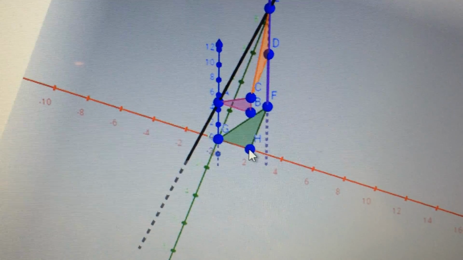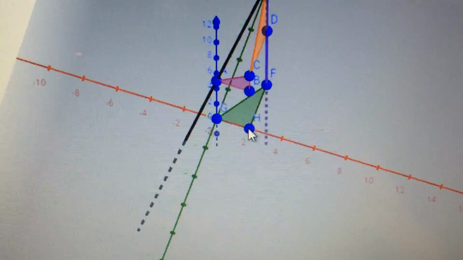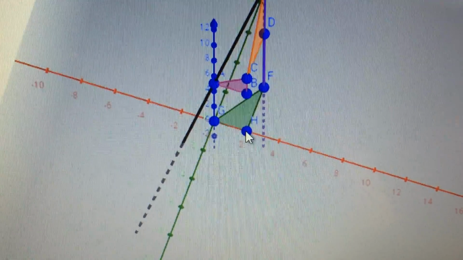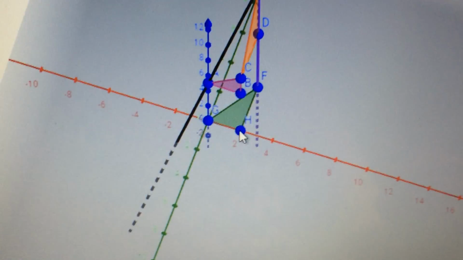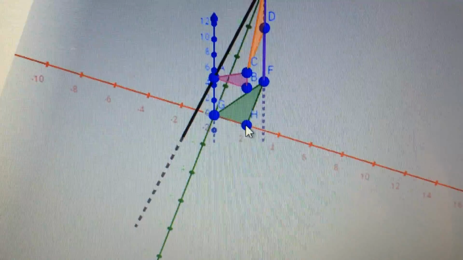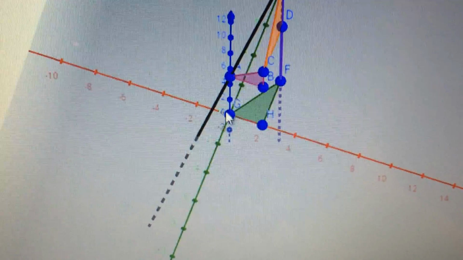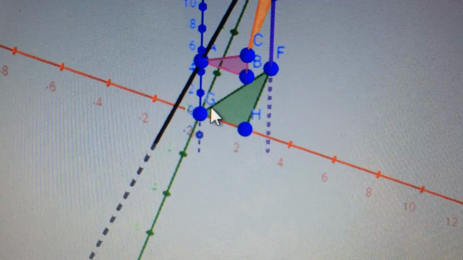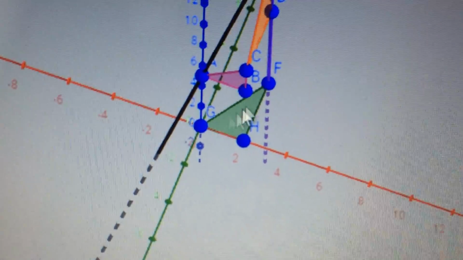Using the Pythagorean theorem, we can see that our right triangle has a leg of 2 in the x and a leg of 3 in the y. So 2 squared plus 3 squared would equal our run squared. Our run will be the diagonal, which in my figure right here is points G and F. That diagonal is going to represent our run.